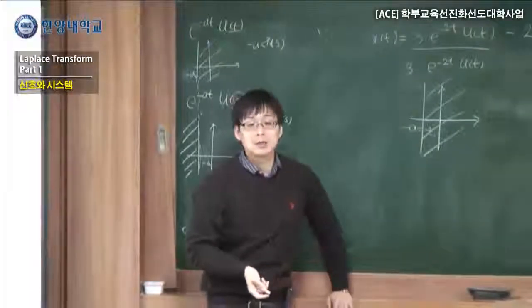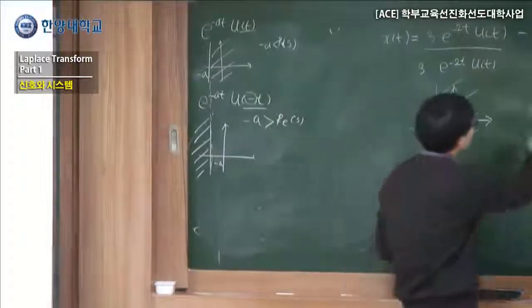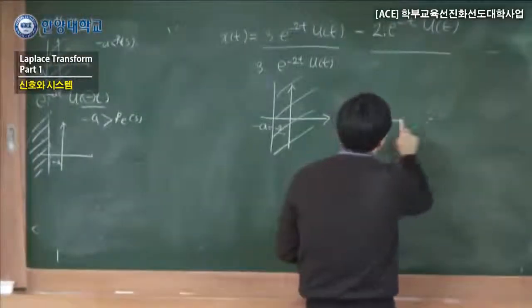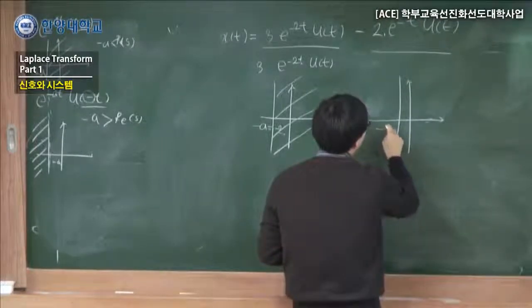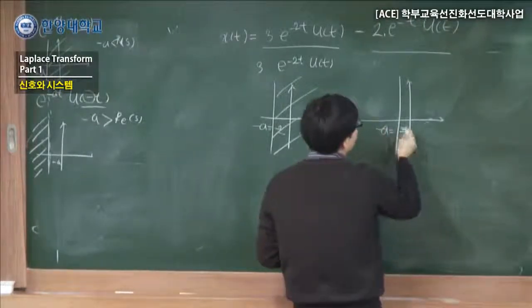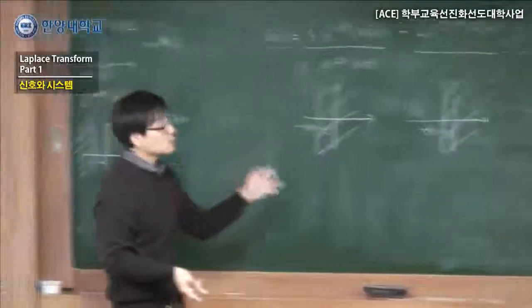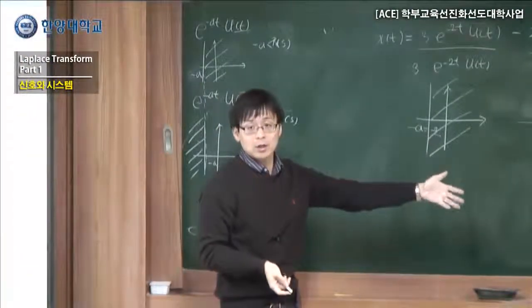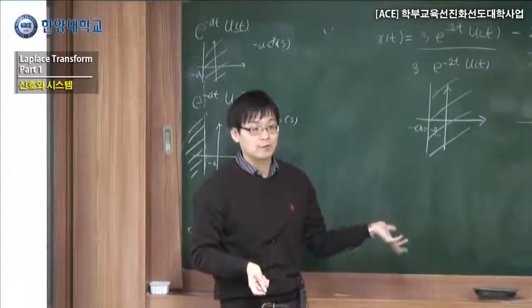That's the region of convergence in the first part. In the second part, what is the region of convergence? Now minus a is minus 1. So the region of convergence is like this. So this one and that one in the same function have different regions of convergence.